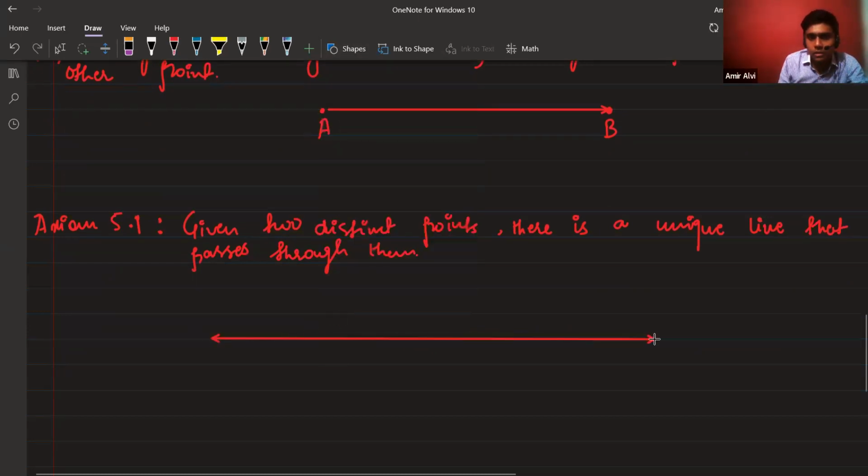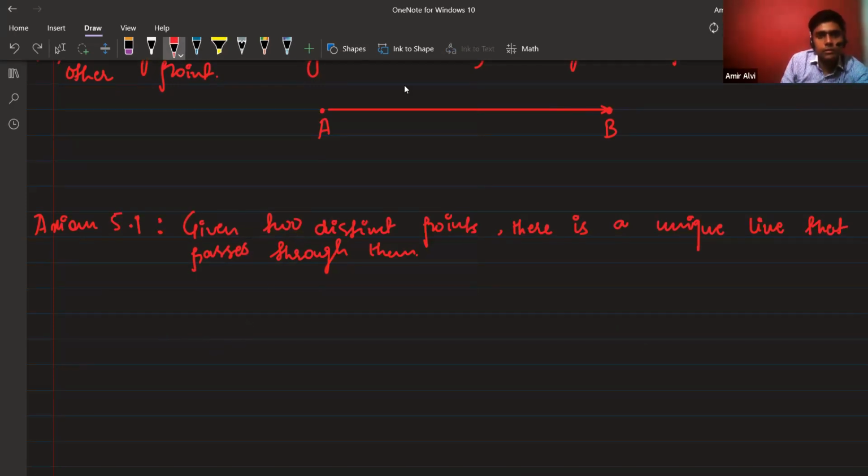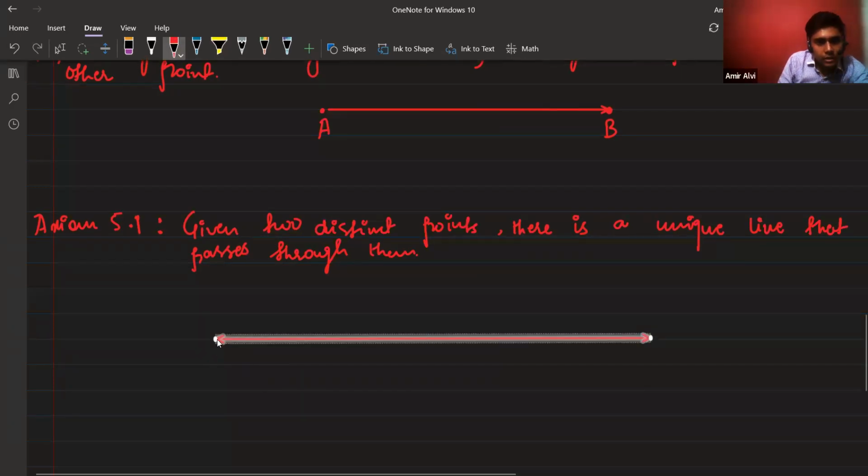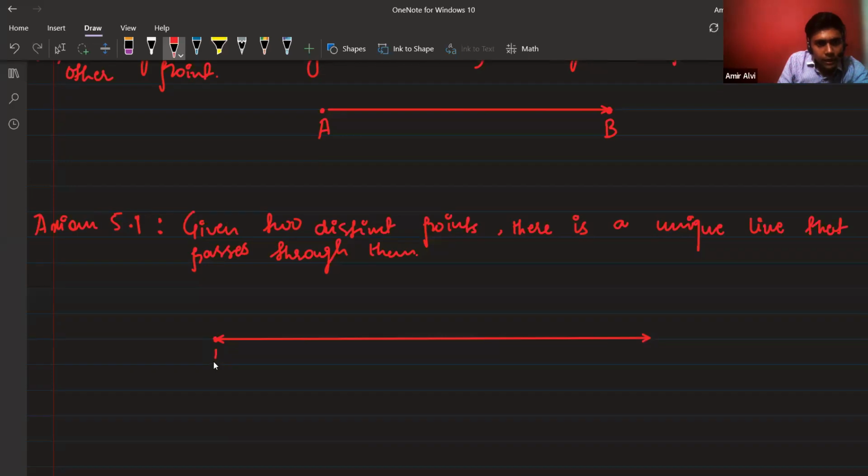we have this line. Just a second, let me erase it. Suppose this is a line. Okay, Simran, and this is point A and this is point B. Now Simran, tell me, from point A you can have infinite lines, yes or no?